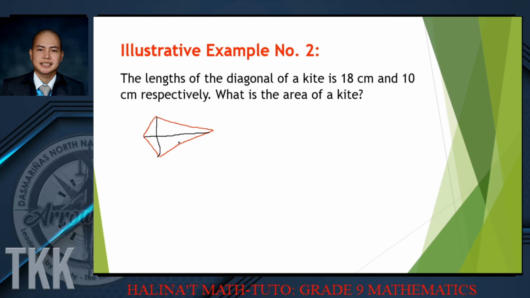Okay, then remembering all the properties of a kite. Of course, diagonals are perpendicular. One pair of opposite sides are congruent. Ito yun.